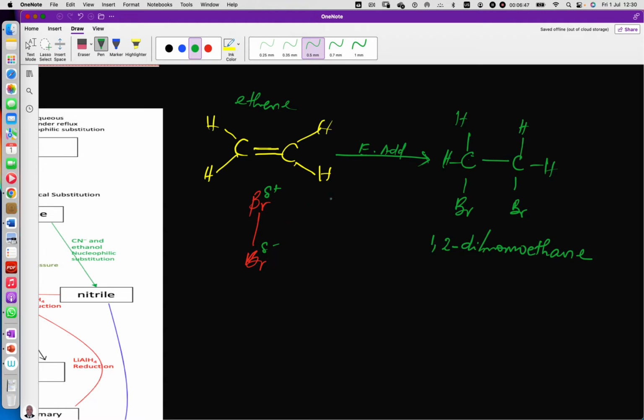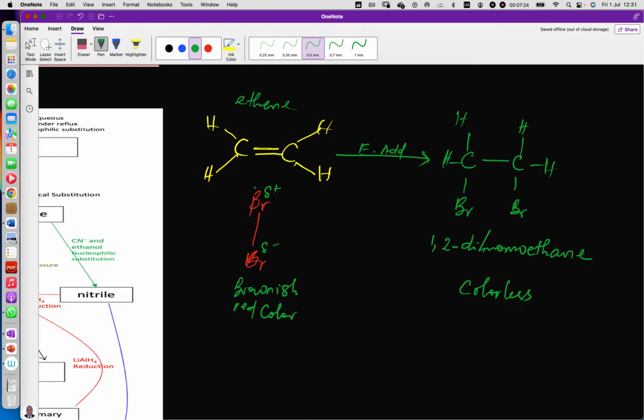Then if you were asked in the laboratory, you will see that bromine is a brownish red color, and this other substance is colorless. Why do we say colorless? This is one of the tests for alkene.